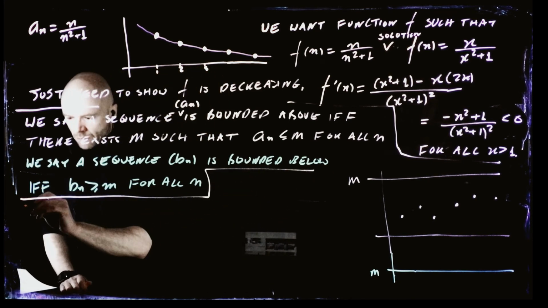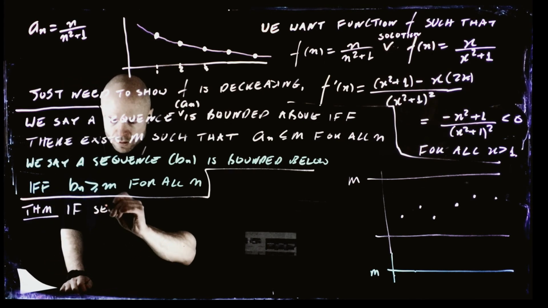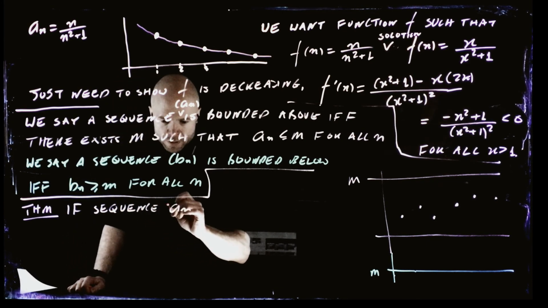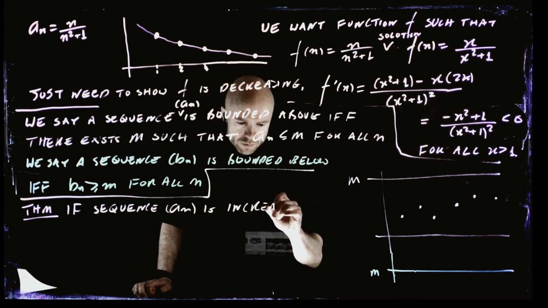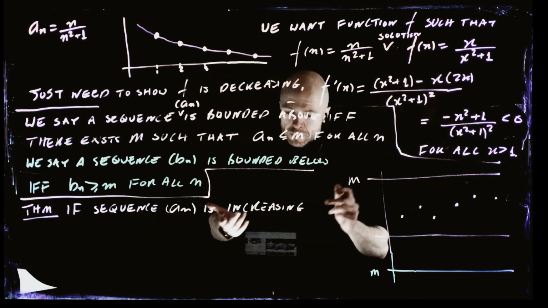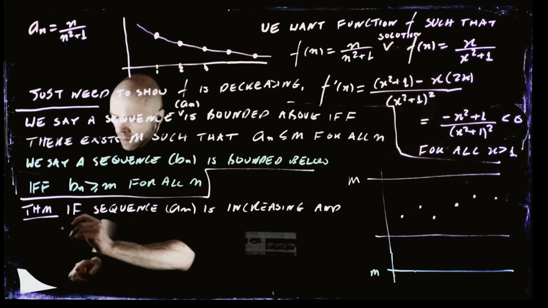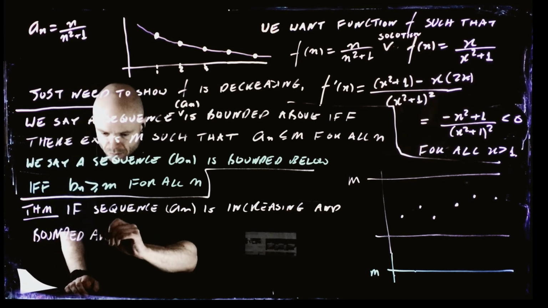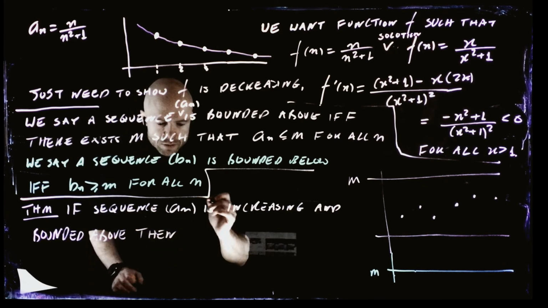Right? So here is a true fact. Theorem: if sequence a_n is increasing, so I'm not going to say the word monotonically because I'm just saving time, it's monotonically increasing and bounded above, then a_n converges.